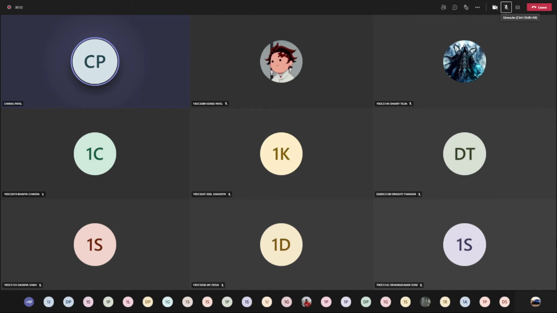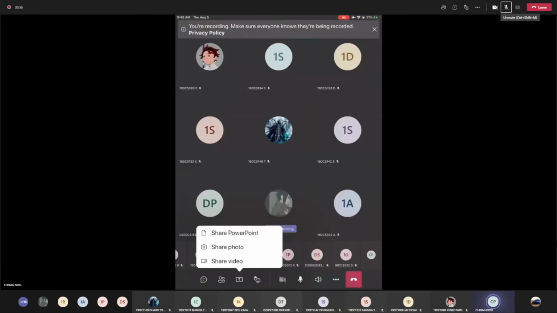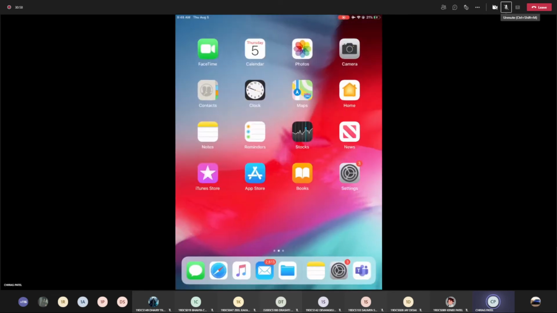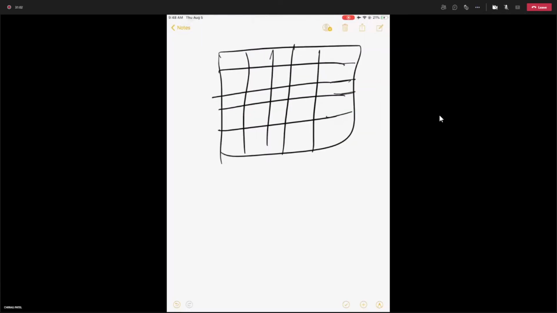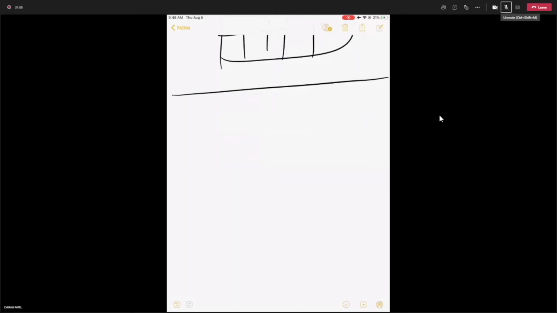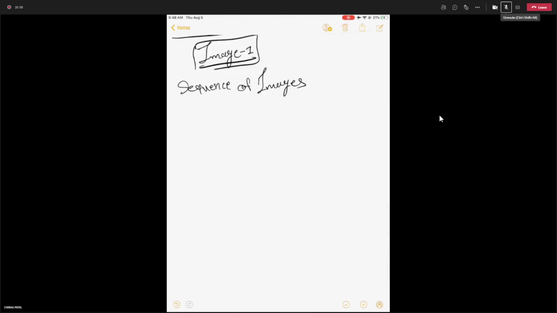Okay, now if we are having the volume, मेरा screen visible है? Okay, good. Your image one is one sequence of images, just like this.